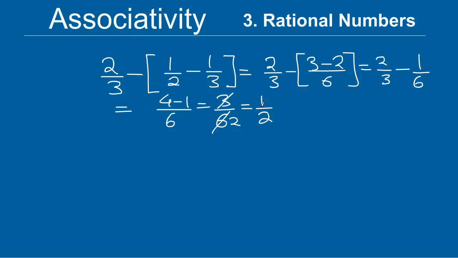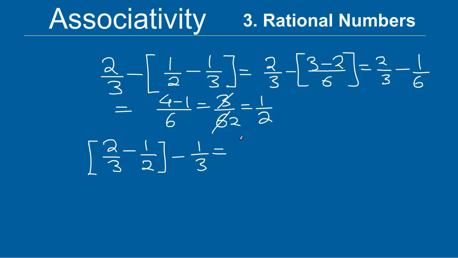Now let's see if this is actually equal to, this time we are going to do 2 by 3, and we will subtract 2 by 3 minus 1 by 2 first. And let's put our bracket here. And then we are going to subtract 1 by 3. So let's check this out and see what value we get, if we get indeed 1 by 2.